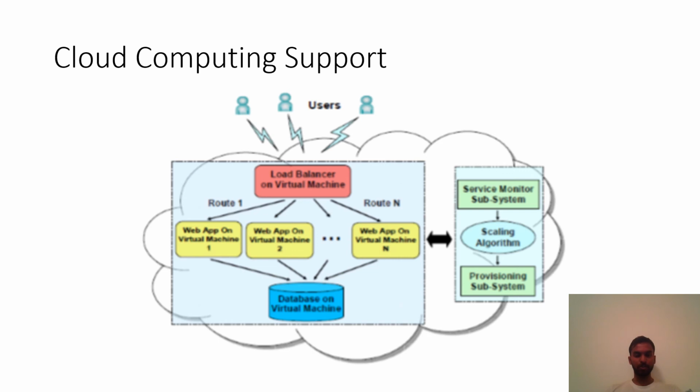The user could use the load balancer, which would route the requests and decrease the load, and a database in the virtual machine would store the data and quickly pop the message on the screen, decreasing the load on the system. And this is a scaling algorithm which has to be given by the user, and the service monitor subsystem uses the scaling algorithm and the provision subsystem.